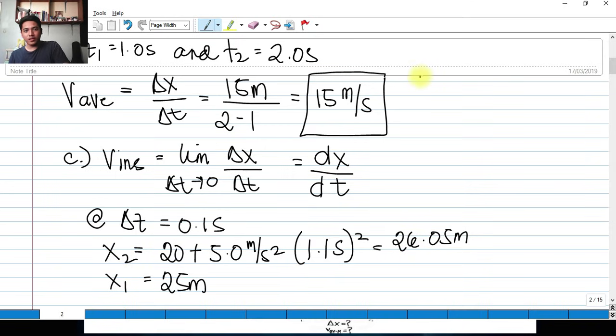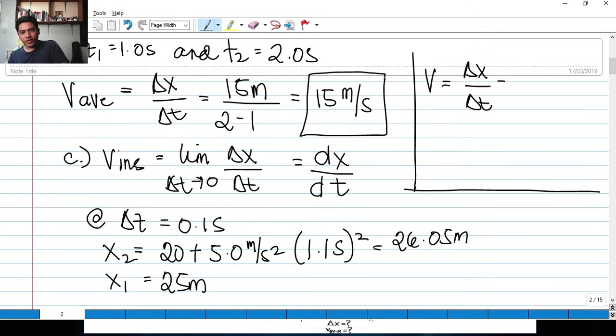So in order to find the instantaneous velocity, we shall again use the formula delta x over delta t, where our delta x is 26.05 minus 25 meters, divided by our delta t of 0.1 second.